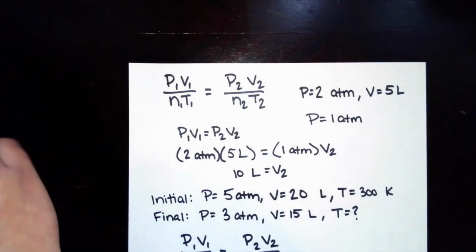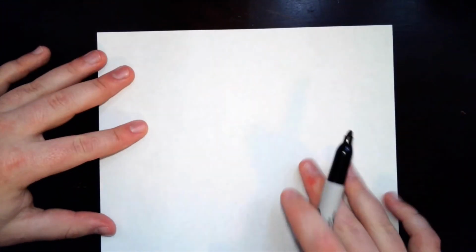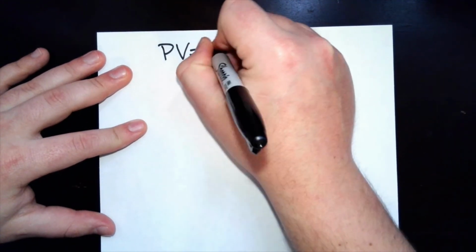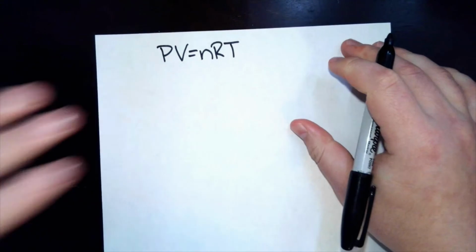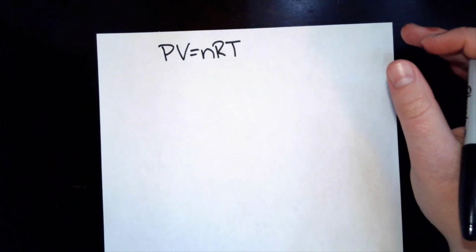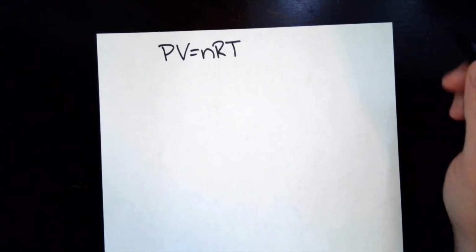And there's just one more version of the ideal gas law that I want to discuss. So if we're starting with the primary version, this will bring into account the density and the molecular weight, because sometimes you'll be given those values.